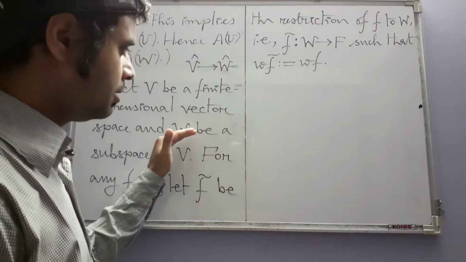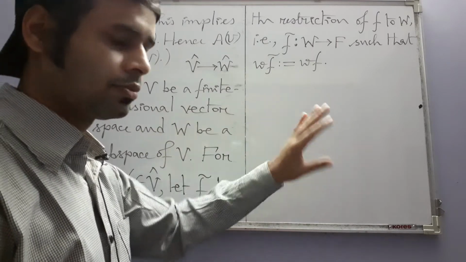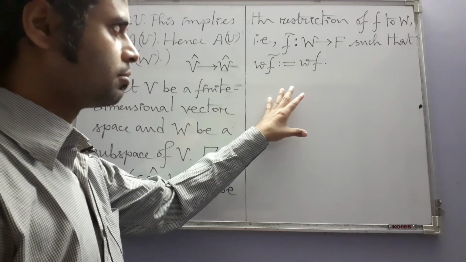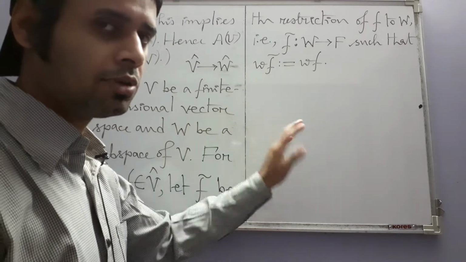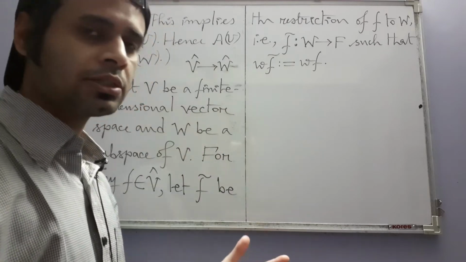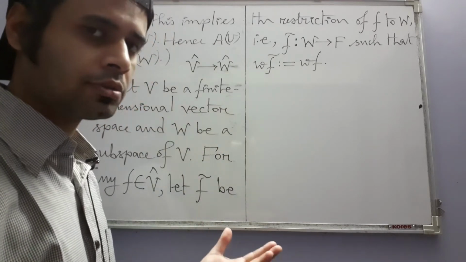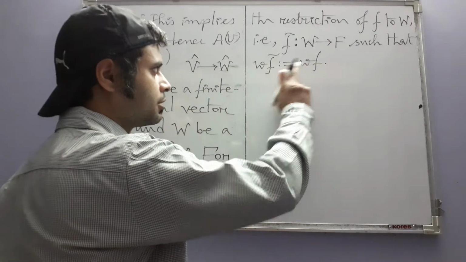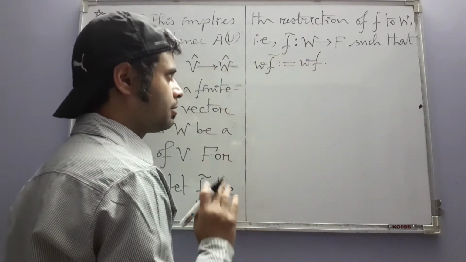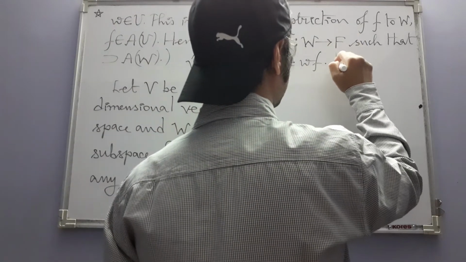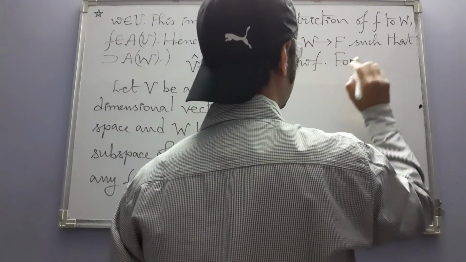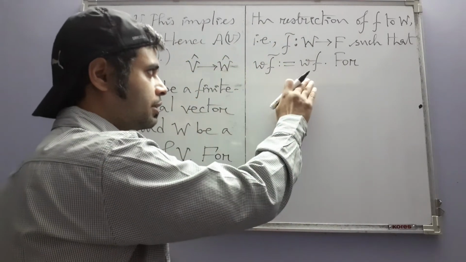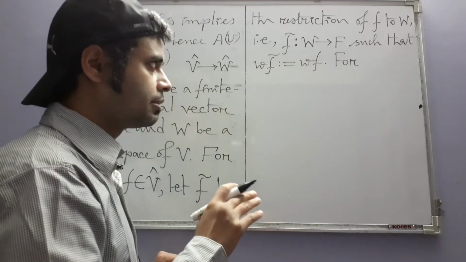Still, because we are not skipping things, we are doing as much as possible, no matter how trivial the things are, let's just see that one also, instead of simply mentioning that f tilde is in W hat. But before that, whenever you define a function, you have to first of all make sure that it is well defined.